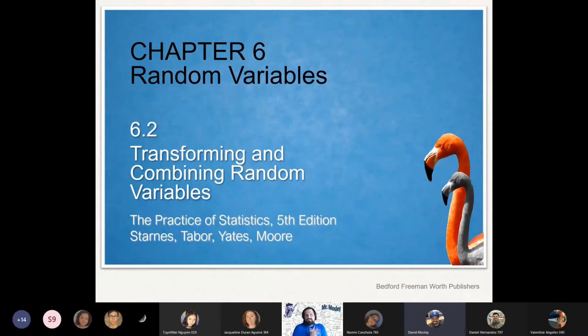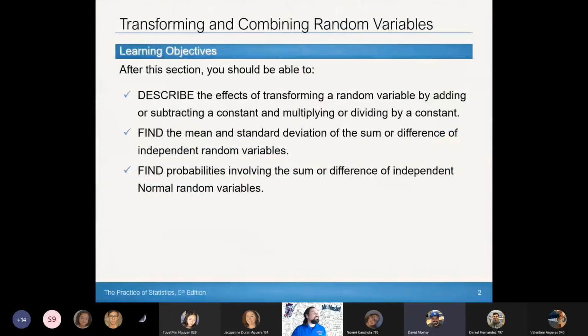So here we are, still in chapter 6, random variables. We're moving on to section 6.2, transforming and combining random variables. So what we're going to hopefully learn today: we're going to learn how to describe the effects of transforming a random variable by adding or subtracting a constant and multiplying or dividing by a constant.